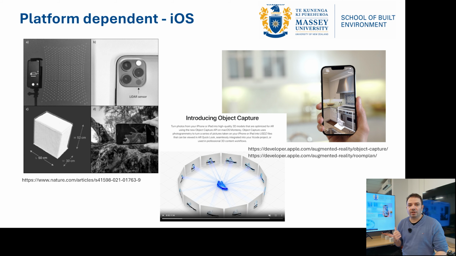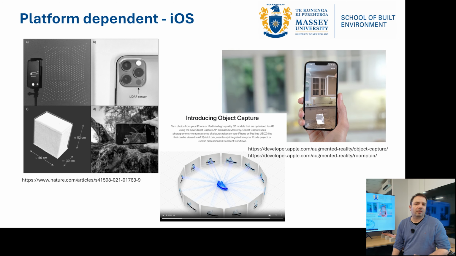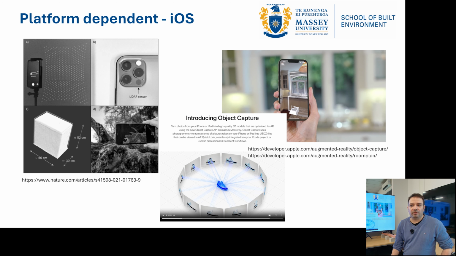So you'll get issues. But you will see that Apple has managed to create a relatively good application that allows you to quickly create a 3D model of an environment. It has been customized for rooms. So using that kind of solution, you can quickly create a 3D model of a room.